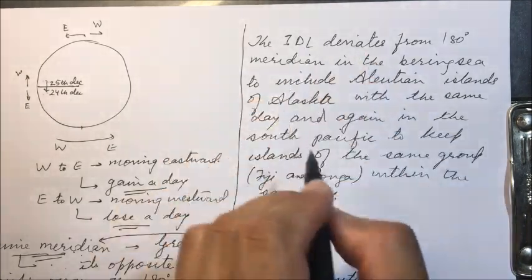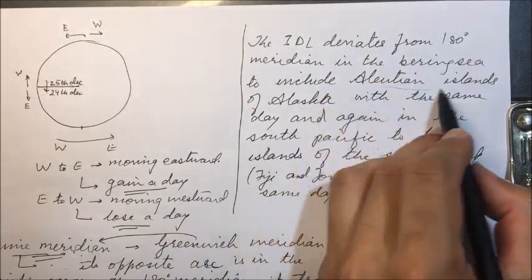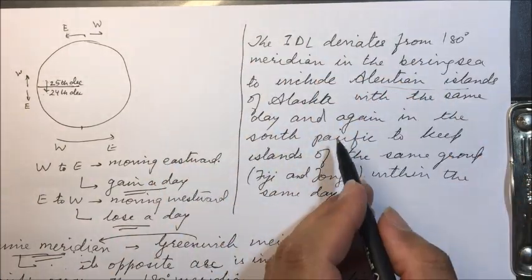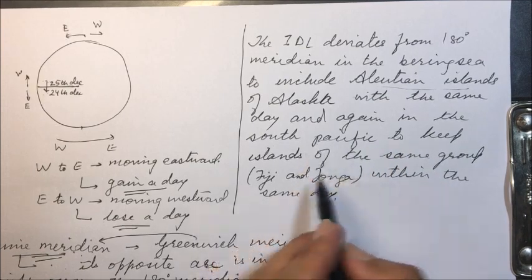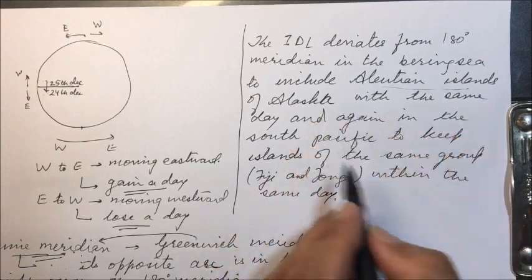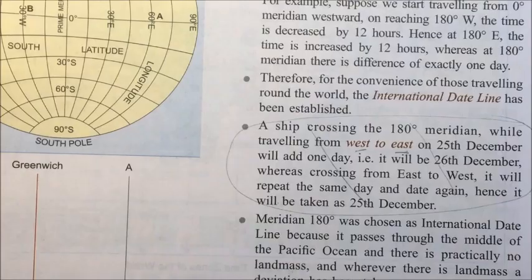So the line deviates a little bit to include the Aleutian Islands of Alaska within the same day, and then in the South Pacific Ocean as well, to keep these islands within the same day.